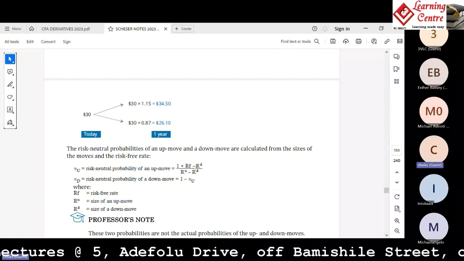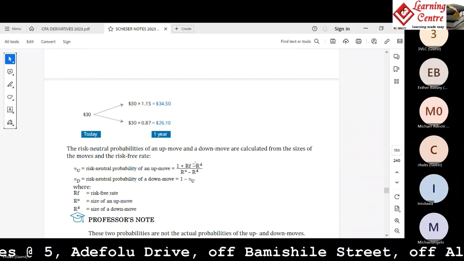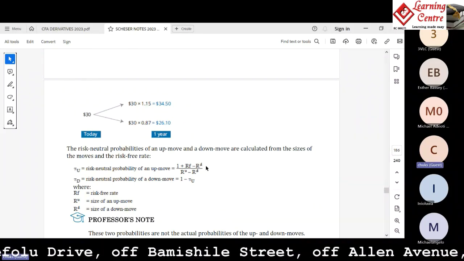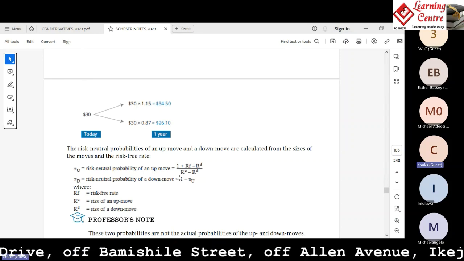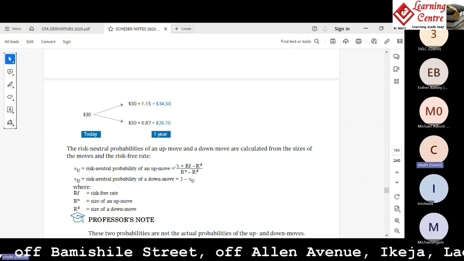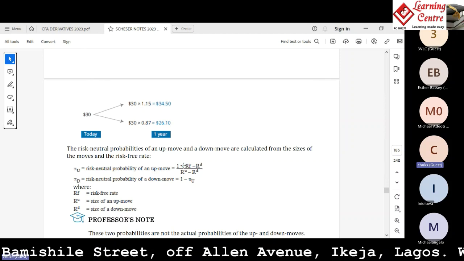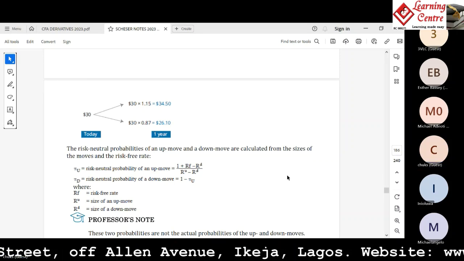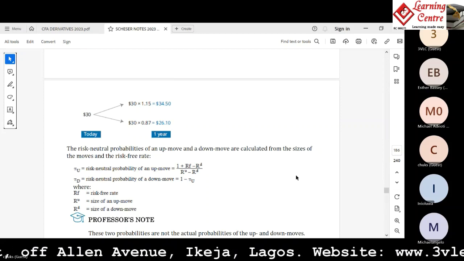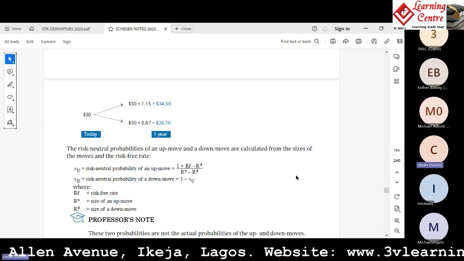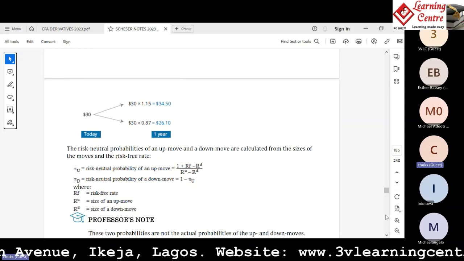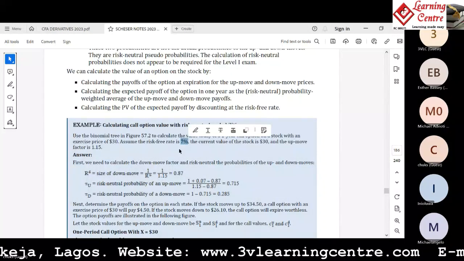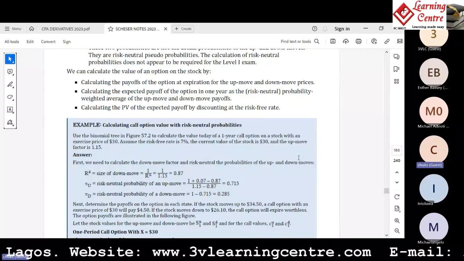It is 1 plus the risk-free rate, minus the down factor, divided by the up factor minus the down factor. The risk-free rate, which we have been given in this question, is 7%.